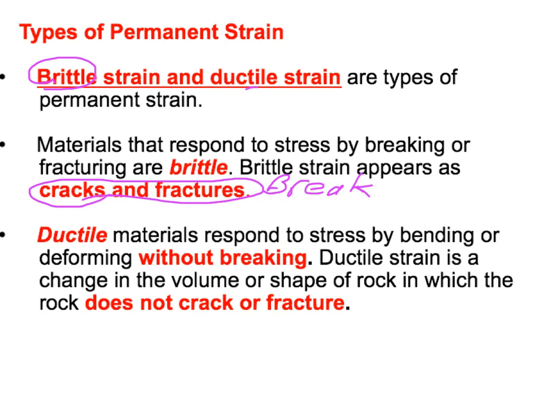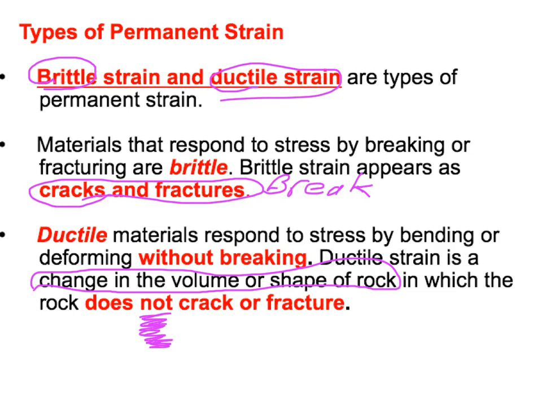And then there is ductile strain, and ductile strain is no cracking, no fracturing. We still got a change in shape, but there is no cracking, no breaking of the rock. Whereas the brittle strains cause the rock to break. So brittle is breaking, ductile is not breaking.